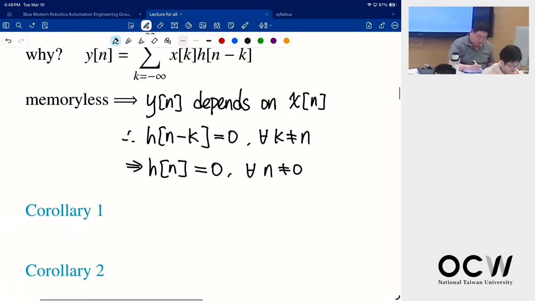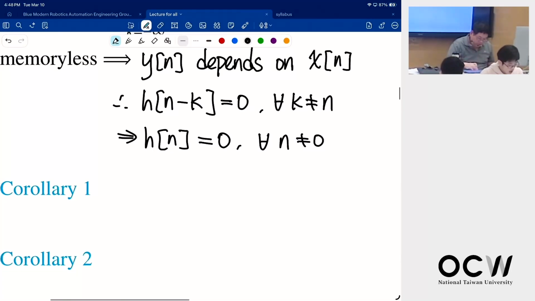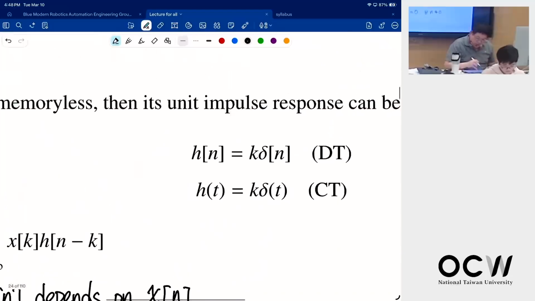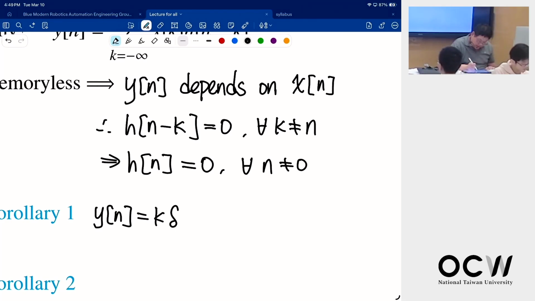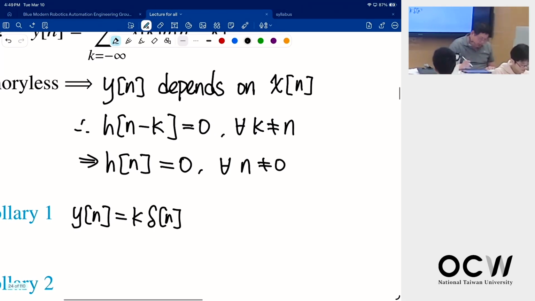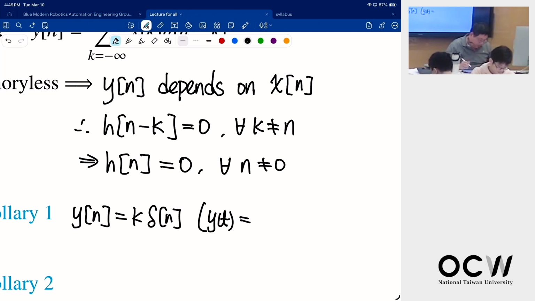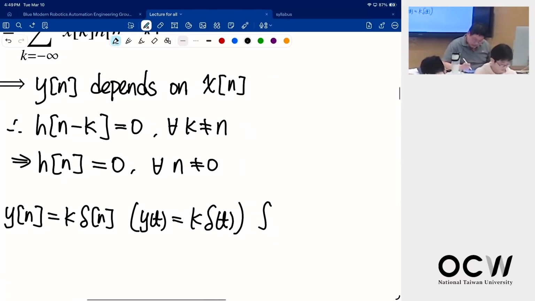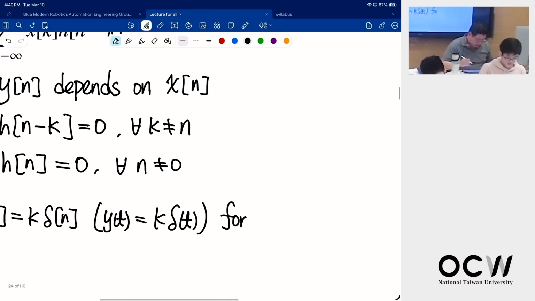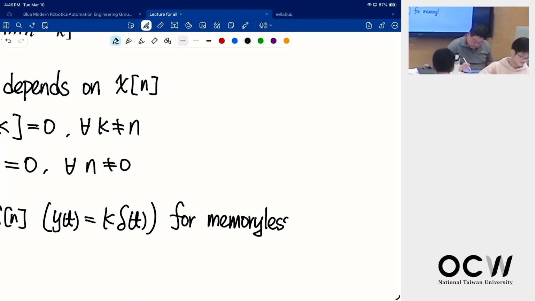So here's the corollary, just what we have here. Okay, so y n is k times delta n, or we say that for continuous time, y is equal to k delta t. This is for memoryless LTI system.